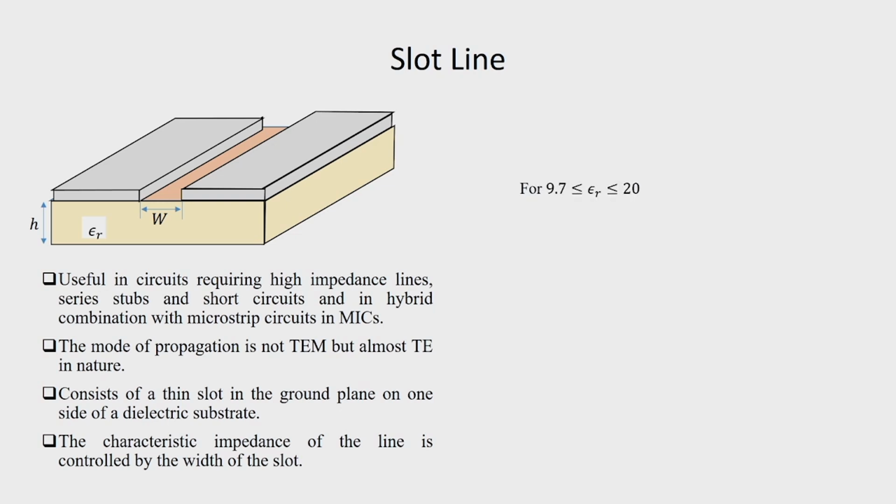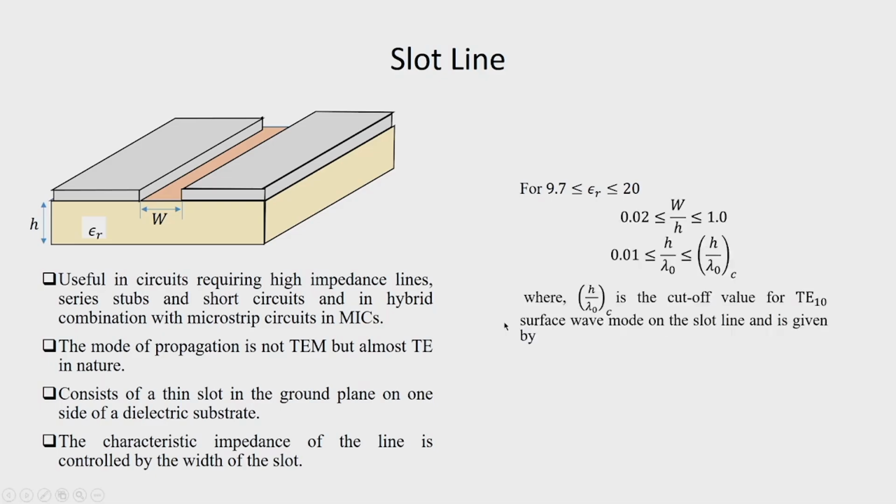Now, this type of line usually uses a higher value of dielectric constant, and for dielectric constant greater than 9.7 and less than 20, we can define W by H to be from 0.02 to 1, and H by lambda naught, where lambda naught is the free space wavelength, is given by 0.25 divided by square root of epsilon r minus 1.